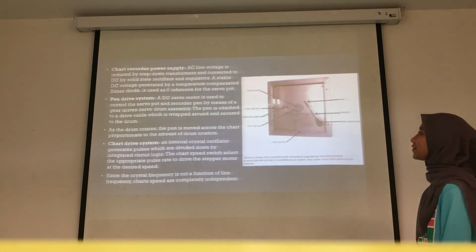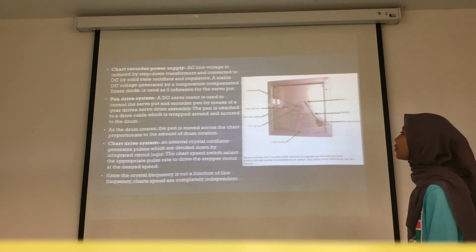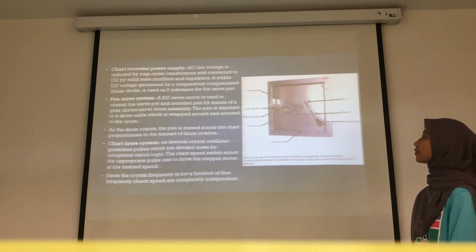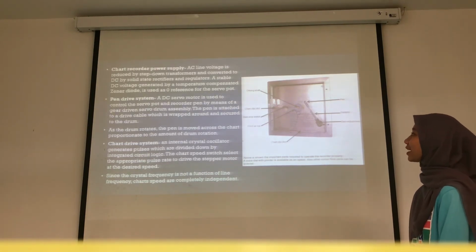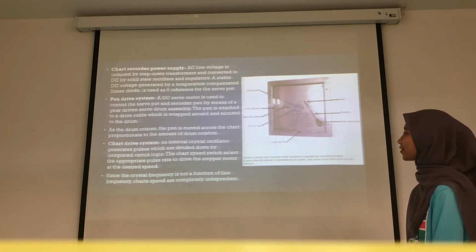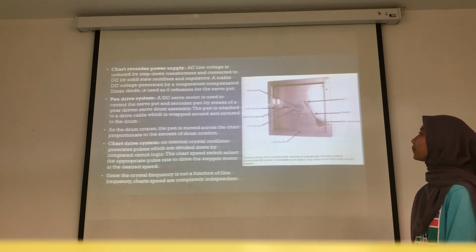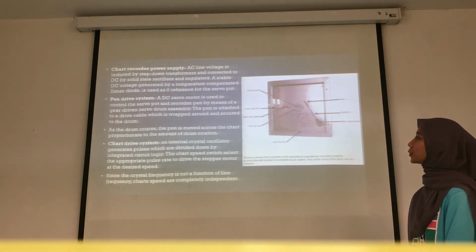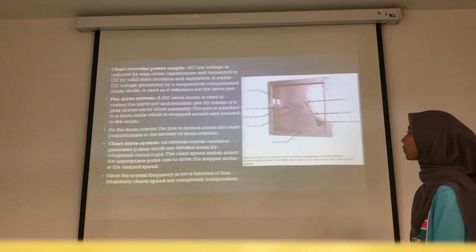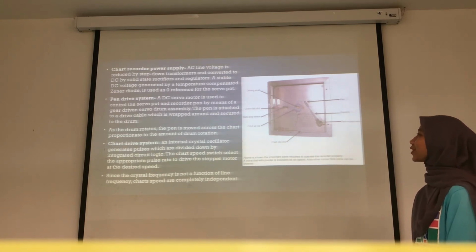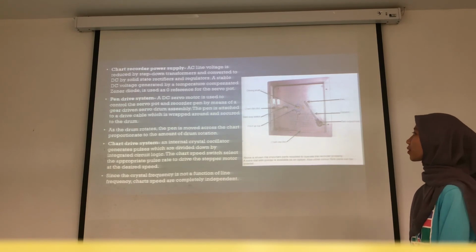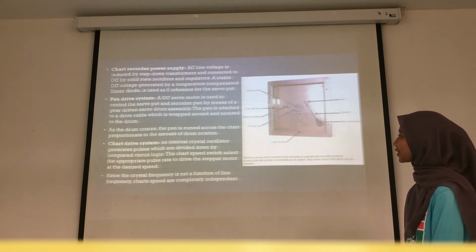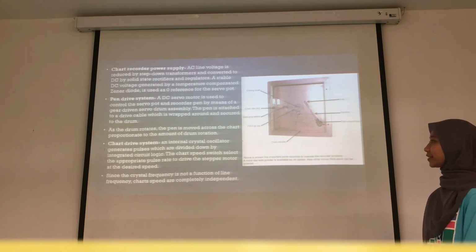For the pen drive system, a DC servo motor is used to control the servo port and drive the pen by means of a gear-driven servo drum assembly. The pen is attached to a drive cable which is wrapped around and secured to the drum. As the drum rotates, the pen is moved across the chart proportionate to the amount of drum rotation.